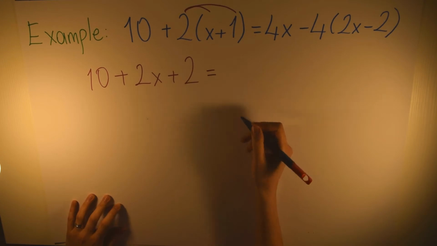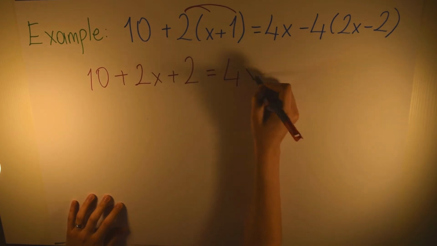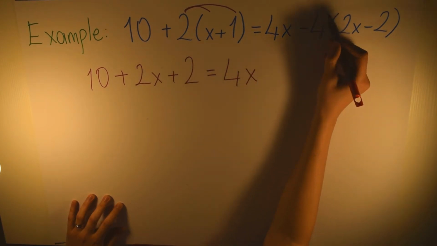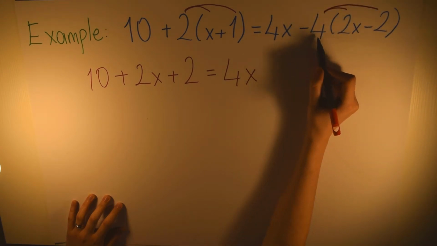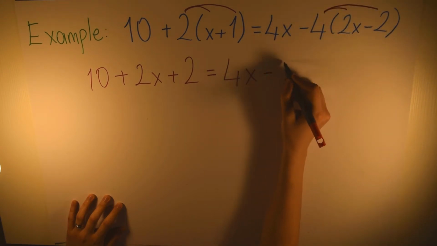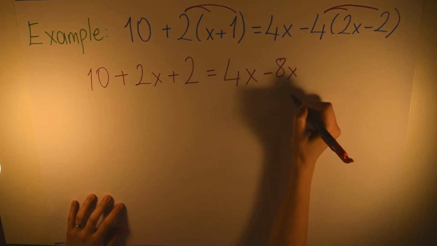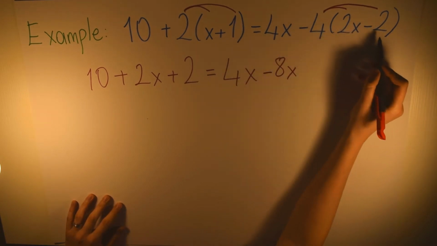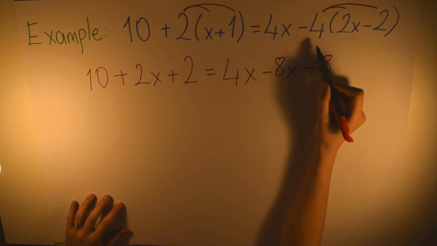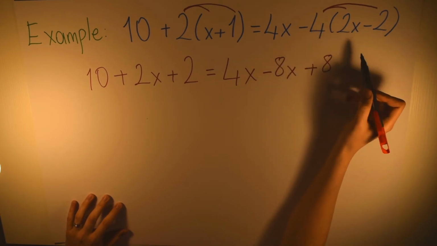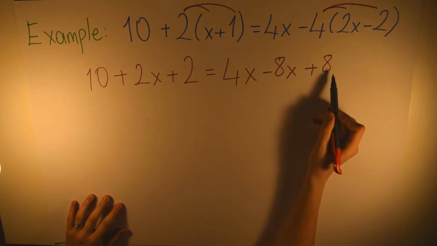Is equal to, here we have 4x. Here, same thing we do. We minus 4 times 2x is equal to minus 8x. Minus 4 times minus 2, it's plus 8, right? When you multiply minus by minus, it's equal to plus 8.